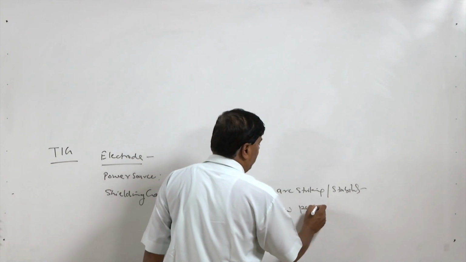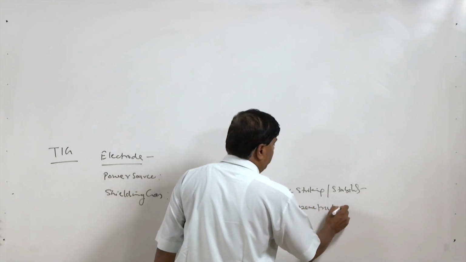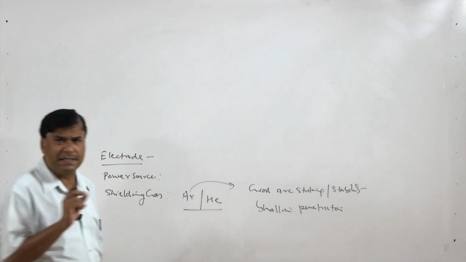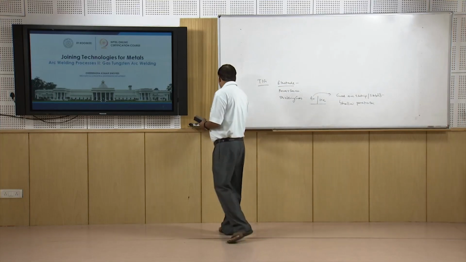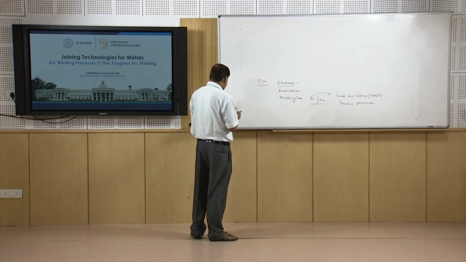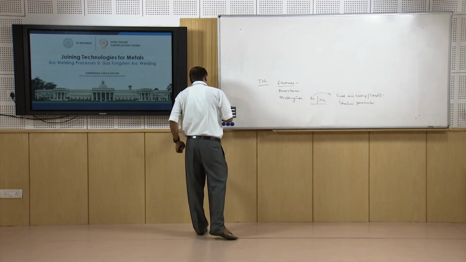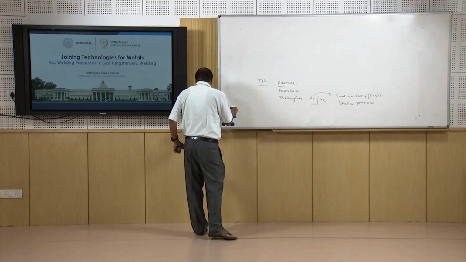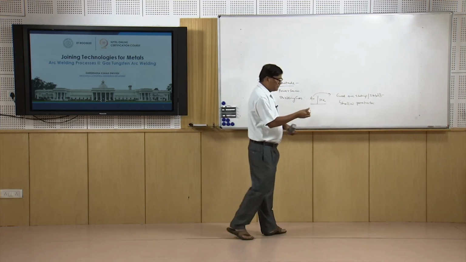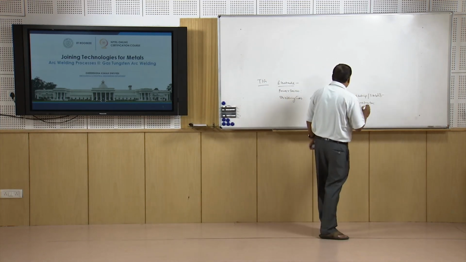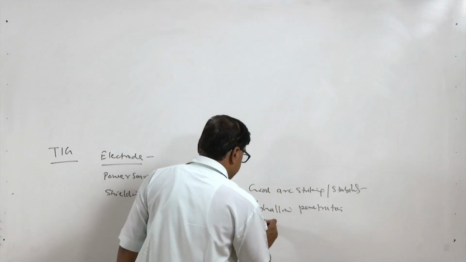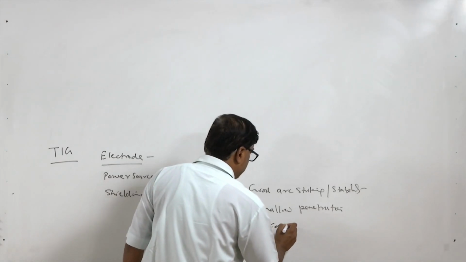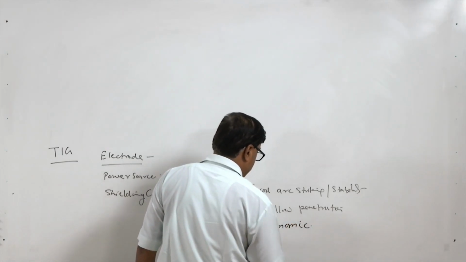So it is good for welding of somewhat less thickness plate as compared to helium. In addition, the cost of argon is much lower as compared to helium, so it is very economical also.